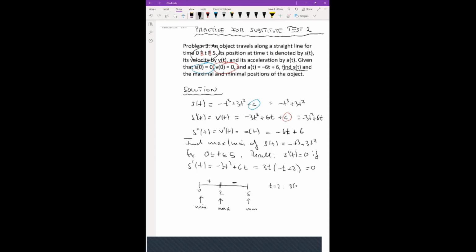Then you have s at 2 equal to minus 8 plus 12, which is equal to 4.